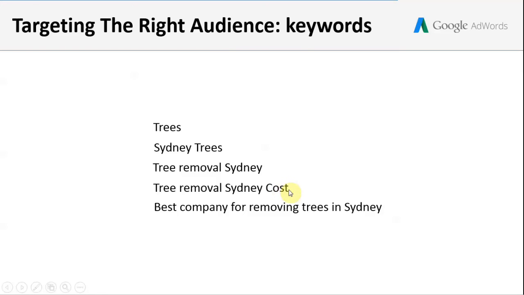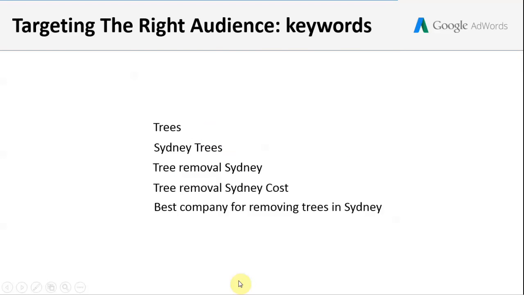It does happen, you might get a couple of clicks a month. And then best company for removing trees in Sydney, forget it. You might get that once a year. I'd get that once every 2 months in the whole of Australia, let alone in your specific region. So try and keep it not too general, not too specific. Try and get a bit of a sweet spot.